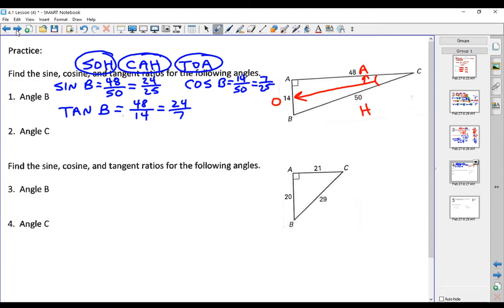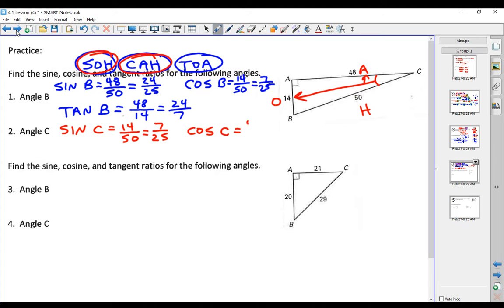So for angle C, the sine of angle C is going to be the opposite and the hypotenuse. So the opposite over the hypotenuse, that reduces by 2 to 7 over 25. The cosine of angle C. Cosine is adjacent over hypotenuse.